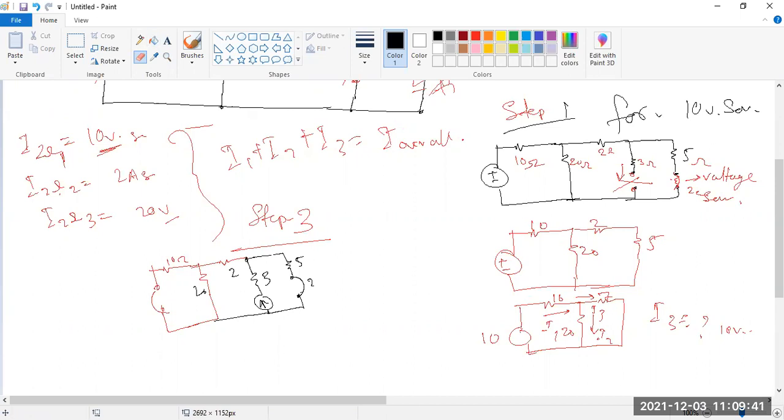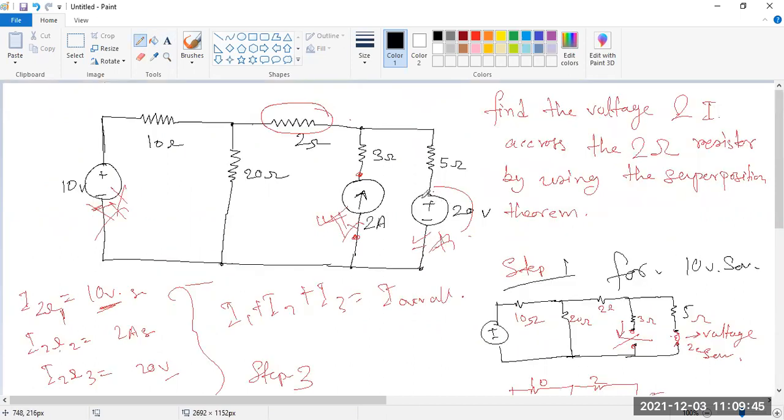For the next step, this type of resistance will again be removed, it will be open, and it will be short.